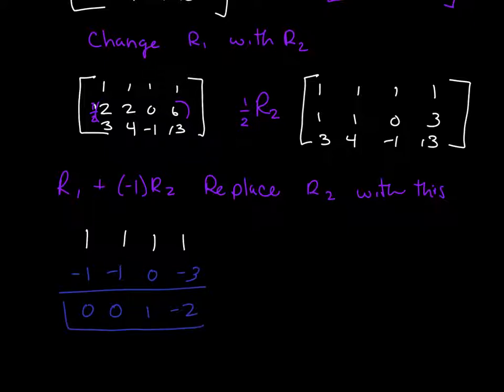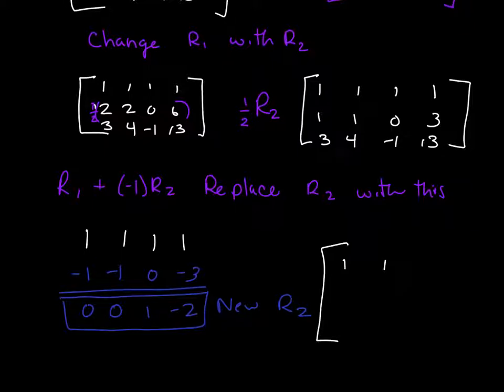This piece is now going to become my new row 2. So row 1 stays the same. So does row 3. So that's 1, 1, 1, 1. Row 3 is 3, 4, -1, and 13.